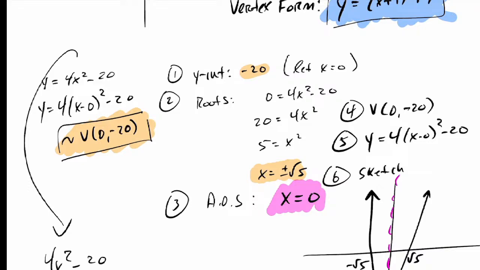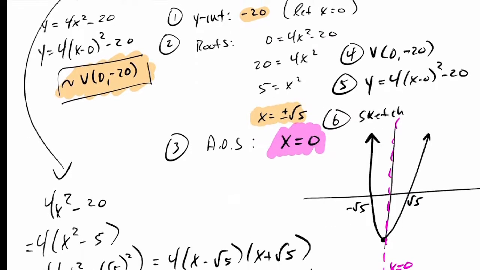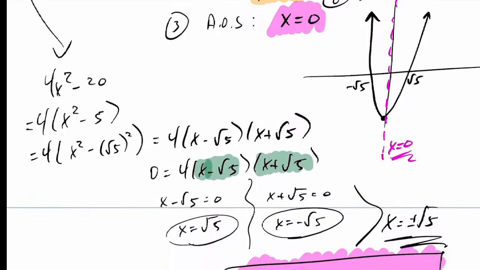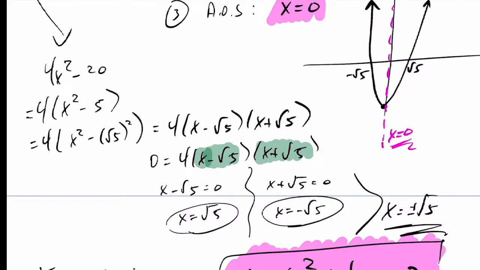But if you don't view it that way, when you get your roots, plus or minus root 5, you take root 5 and add it to negative root 5 and divide that by 2, and you're going to get 0 over 2, which is 0. Yeah, no problem.